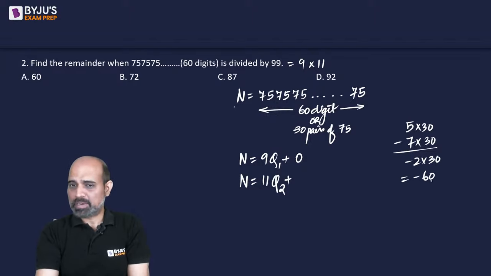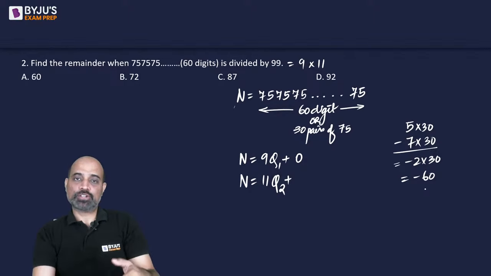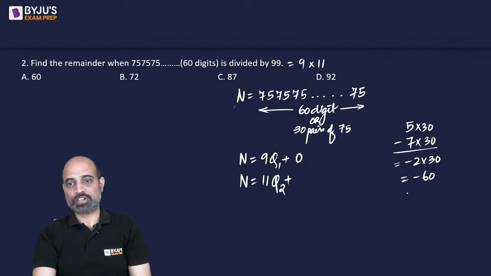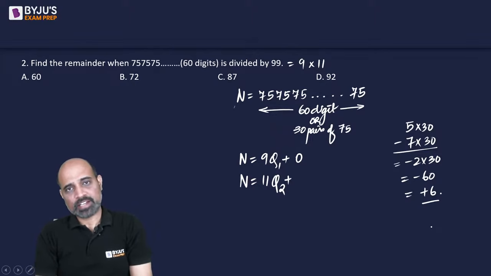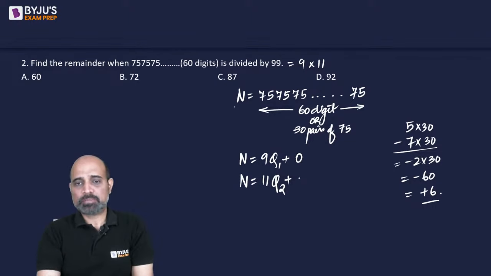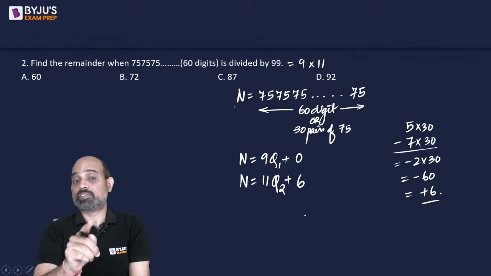So we are getting the remainder as minus 60 here, right? Minus 60 means we need to keep on adding 11 to it. When we keep on doing that, minus 55 will leave 5 less, then we will add another 11 to it. We'll get 6.